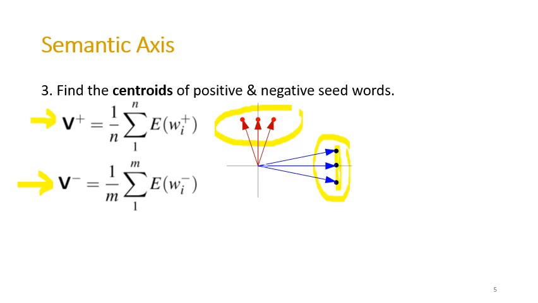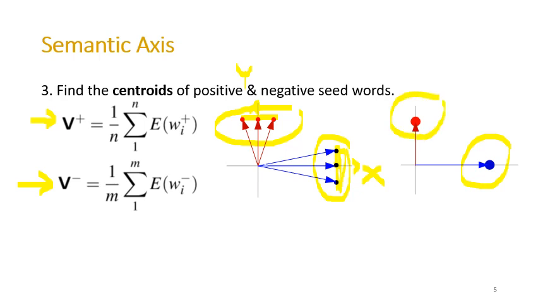So you simply take the average of these 3 dots. You average them on the x-axis, and then you average them on the y-axis. I made this example as simple as possible, such that when you take the average of these 3 dots here and 3 dots there, the result would look like this. So the blue dot is the centroid of the positive seed words, and this red dot is the centroid of the negative seed words.